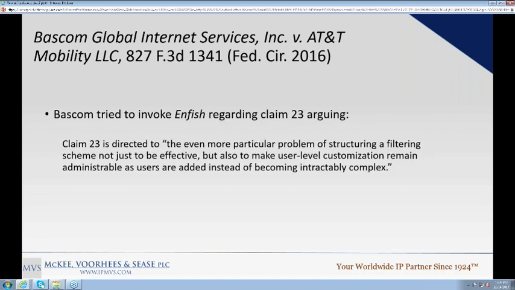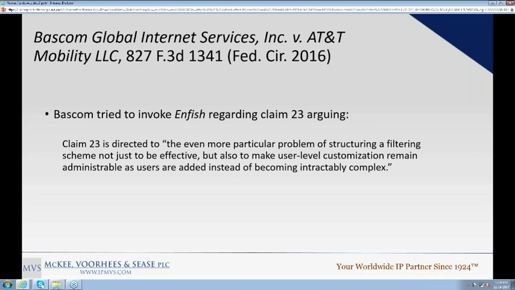The court did not agree with Bascom's argument regarding the first prong in abstraction. Claim 23, though, had more structure associated with the system. And so Bascom said, oh, hey, let's try to use what Nvidia did. Maybe we can get some compatibility out of that. So they argued that Claim 23 is directed to an even more particular problem of structuring a filtering scheme, not just to be effective, but also to make user-level customization remain administrable as users are added, instead of becoming intractably complex.